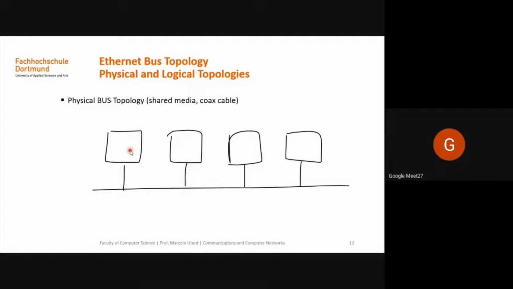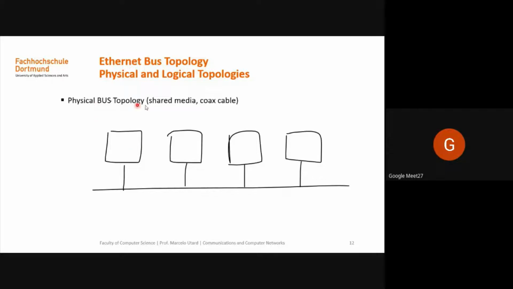Later we will talk about the algorithm to access that bus. But now what is important to understand is the concept associated with two levels of topology, the physical and the logical one.